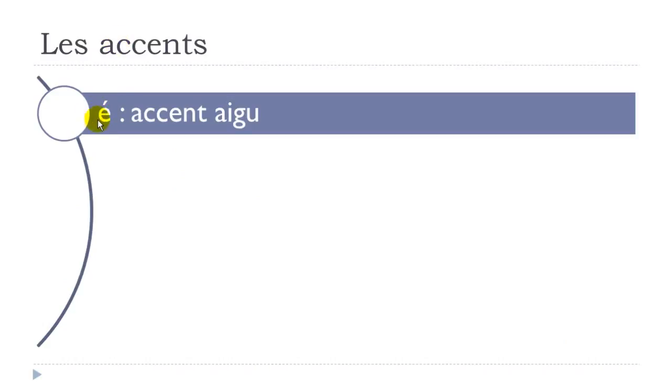So you should first remember the name of the accent, and then the sound you will have to produce when you see it on top of the letter.